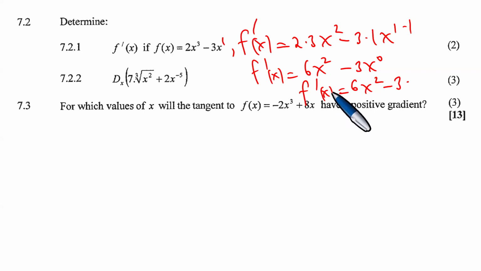But the procedure is correct. Okay, so right now we have the necessary procedure and logic. If you look at 7.2.1, it is exactly that. So this is the answer. Let's get the next one.